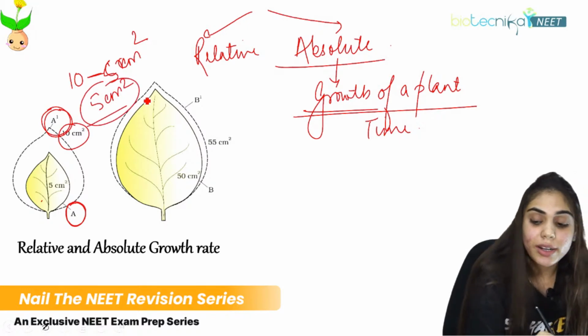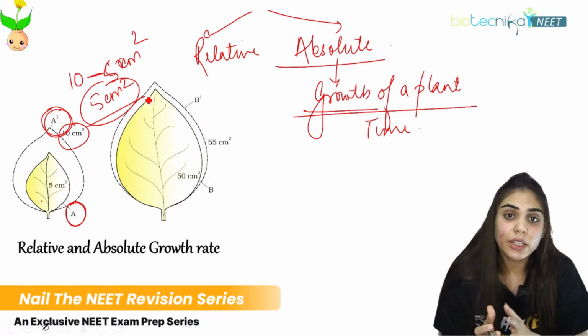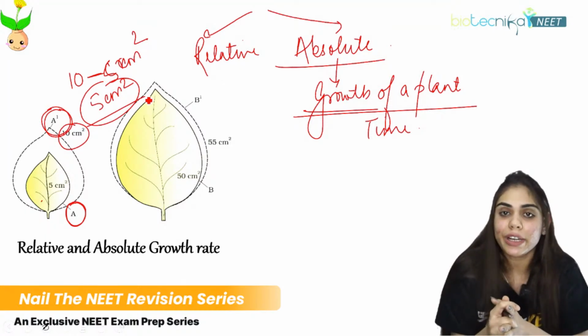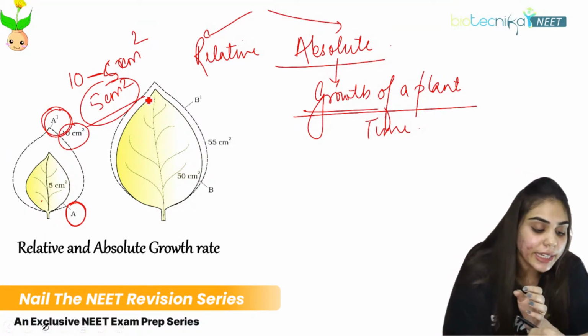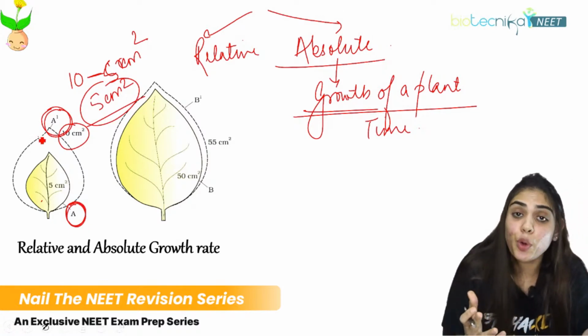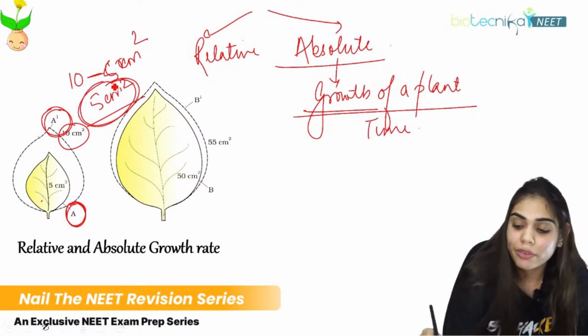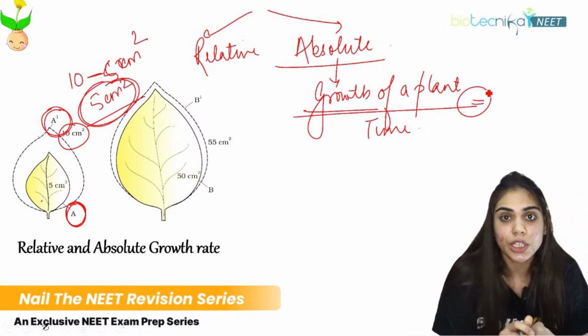This is what is called the absolute growth rate. You are just determining the growth after some point of time, how long it took the leaf A to become A dash. And when you compare this 5 centimeters square with time, that is what is called the absolute growth rate.